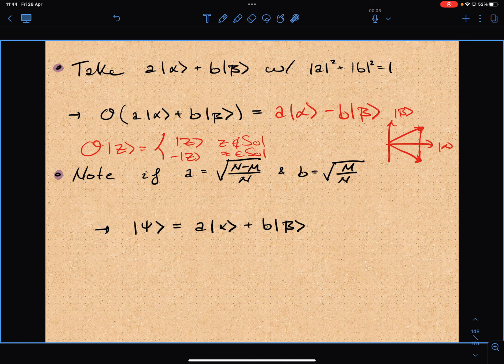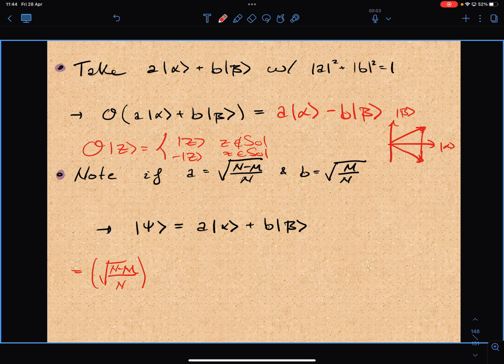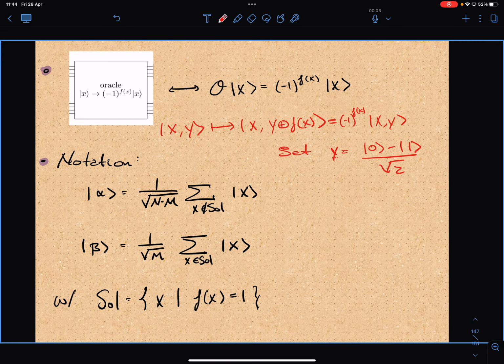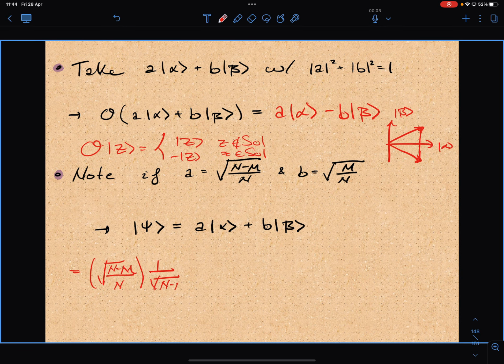In particular, we have square root of n minus m over n times alpha, which is 1 over square root of n minus m, times x not in the solution, I might be off by a factor.